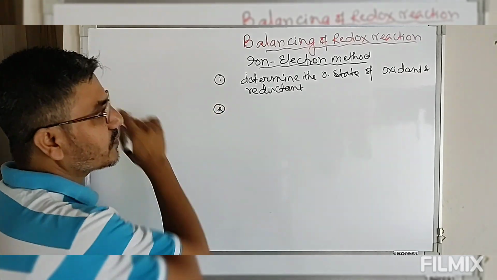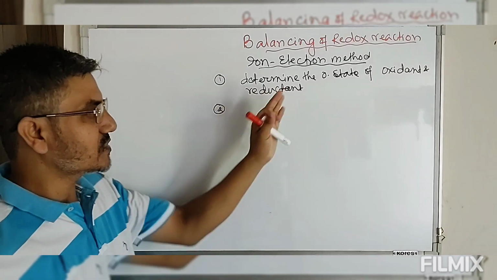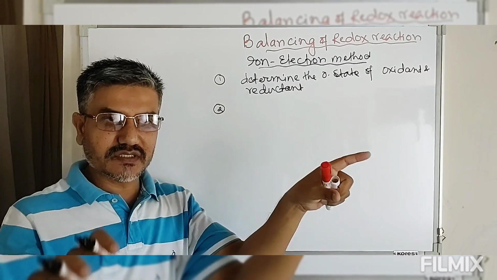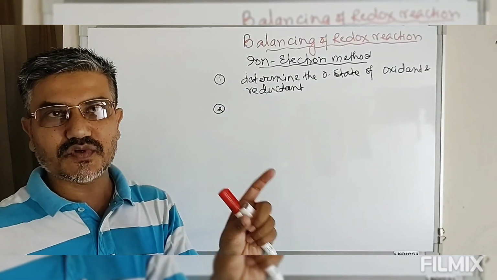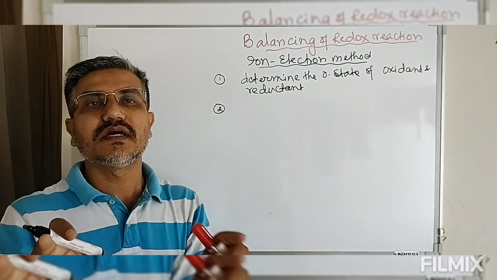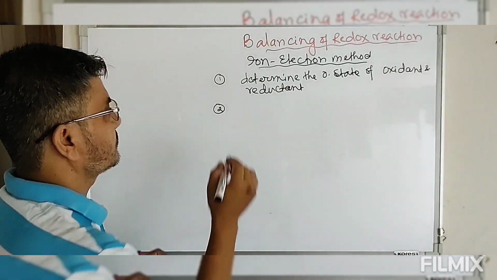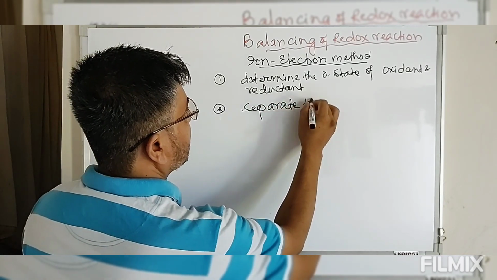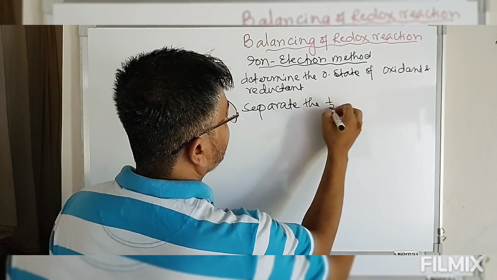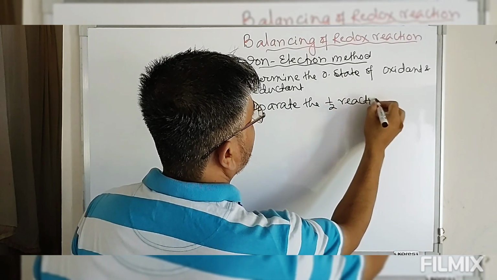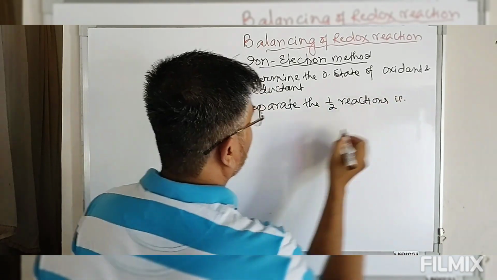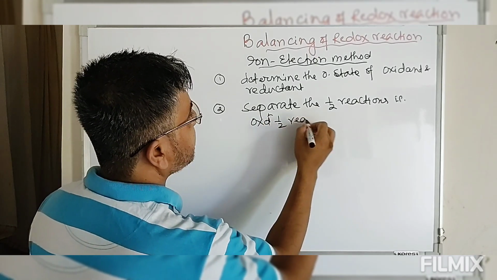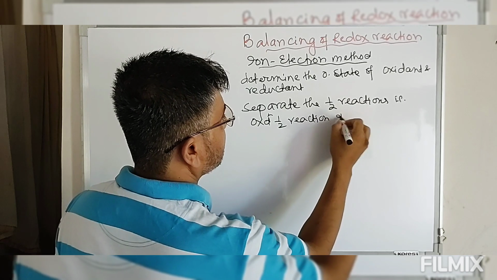Then rule number 2 is, once we define this oxidant and the reductant, we will have a clear picture of which one is the oxidation process and which one is the reduction process. Then we will separate the half reactions, that is the oxidation half reaction and the reduction half reaction.